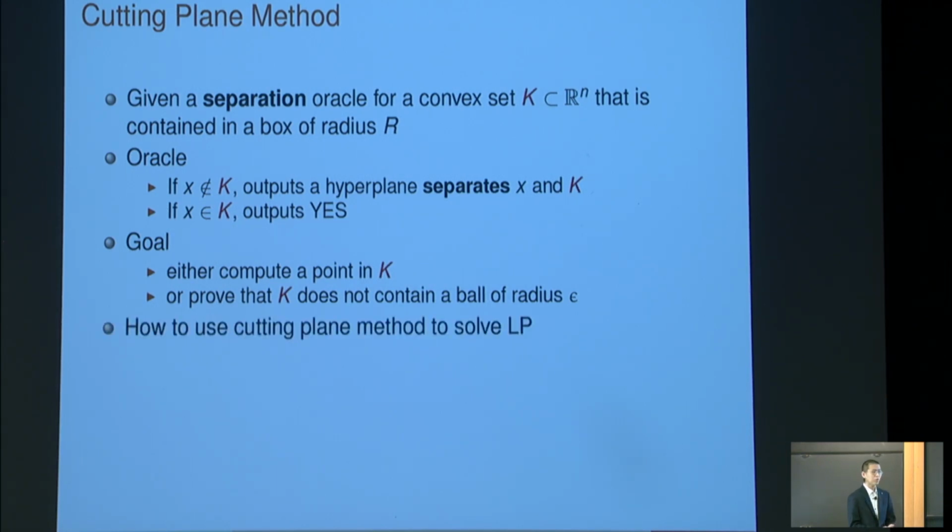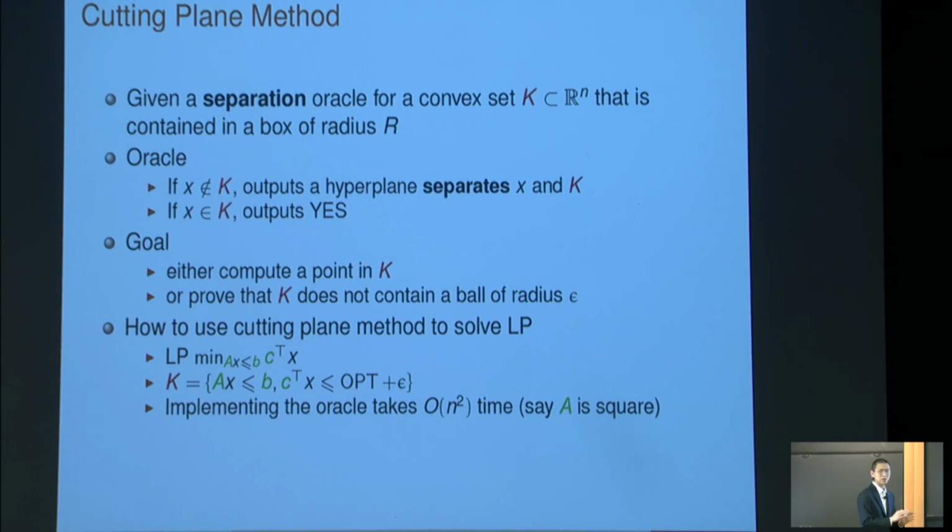One naive application is that you can use the cutting plane method to solve a linear program. You implement the oracle as an LP problem, and you implement the convex set K to be the feasible region. Then every iteration, you call this oracle, which you implement yourself, and it roughly takes n squared time.